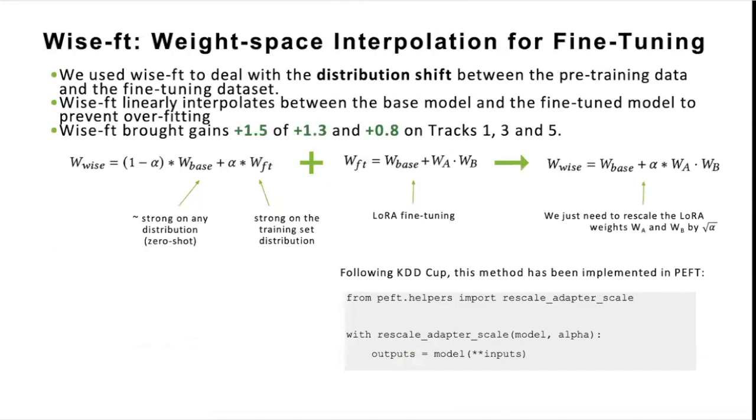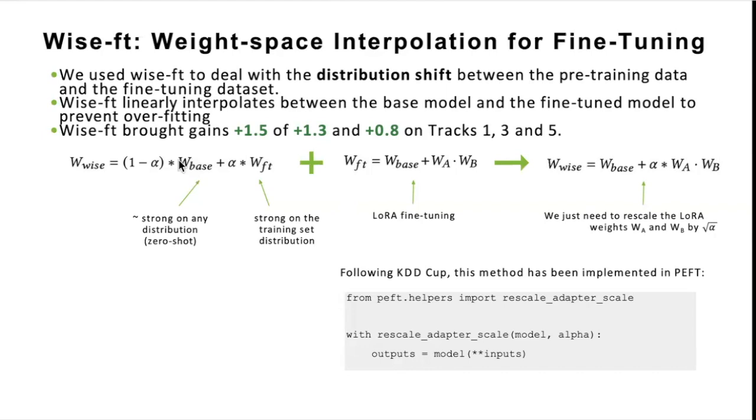After fine-tuning, they also applied weight space interpolation for fine-tuning, called WiSE-FT. This is mainly to deal with the distribution shift between the pre-training data and the fine-tuning dataset. The interpolation weight is mainly to prevent overfitting. It's basically just a linear weight interpolation.